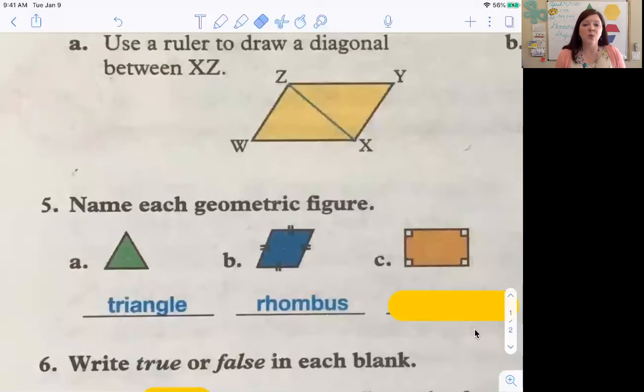We just call that a right angle. If we have this shape with 4 sides, 4 right angles, but notice how the 2 sides are different lengths. Well, the top and the bottom are the same, but the sides are a little shorter. We call that a rectangle.